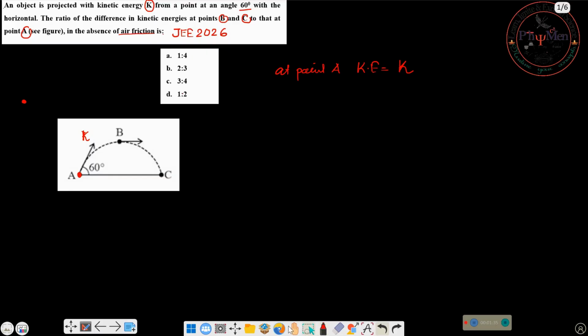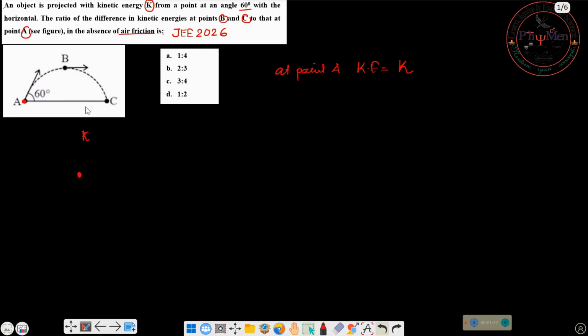So if I draw the figure here, like this. This is projected at an angle 60 degree. It's a very easy question actually.